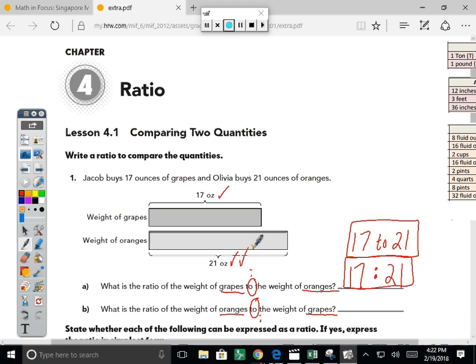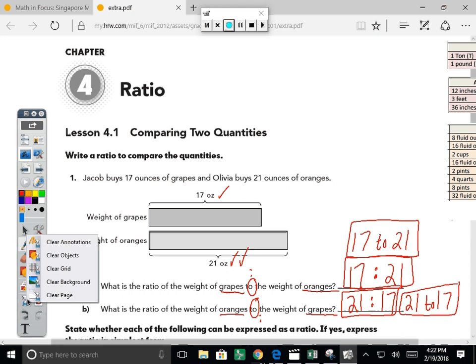Looks like I'm going to use that 21 for my first term. And the grapes come next. 17 would be next. Notice I could probably write this as 21 to 17 using word form. And this would also be an okay answer. Notice order matters. The first thing that they ask for becomes my first term. The second thing that they request becomes the second term.